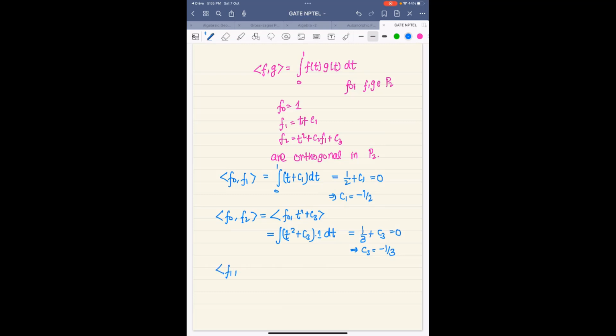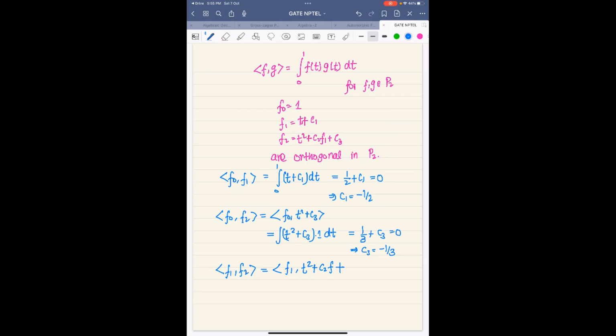Now consider the inner product of f1 with f2. Again we can simplify this: f1 and f2 is t square plus c2 f1 plus c3.